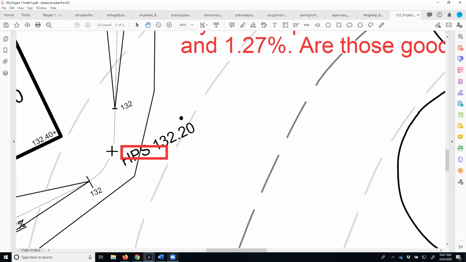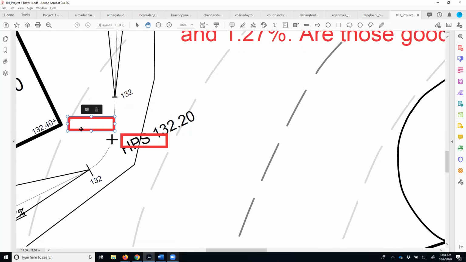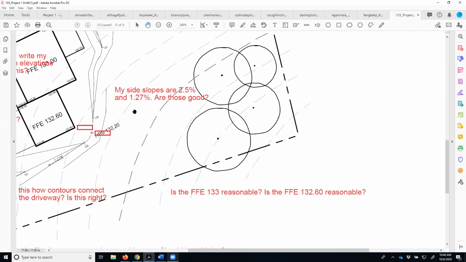Yeah, thank you. And then is it supposed to be straight, or like you said before something about the numbers? They should all be the same orientation to the page. So every one of these spot elevations should be the same orientation to the page. I think it reads best when they are horizontal to the bottom of the page.